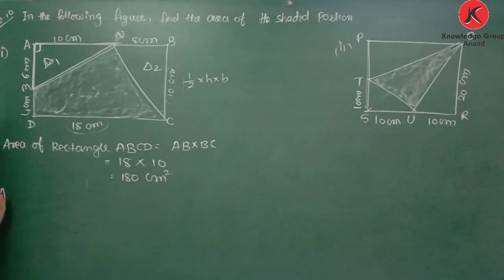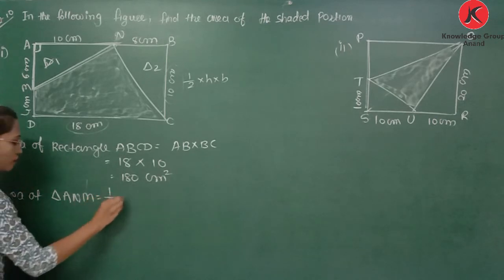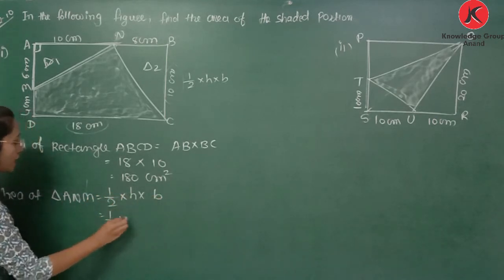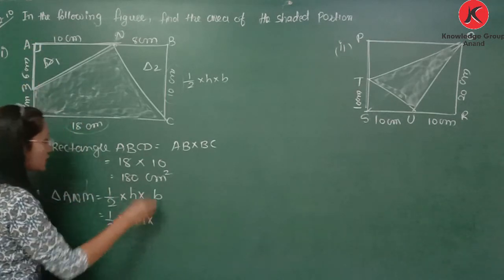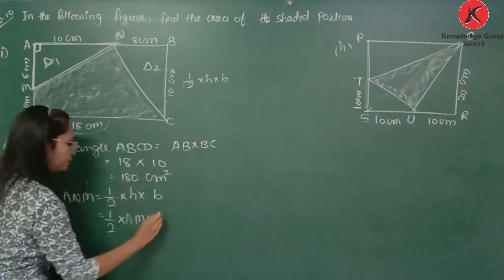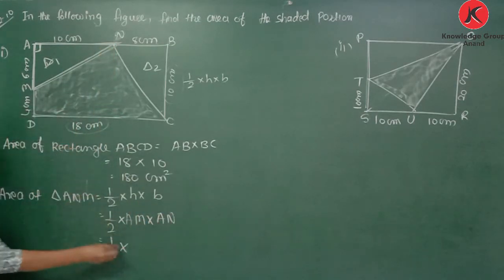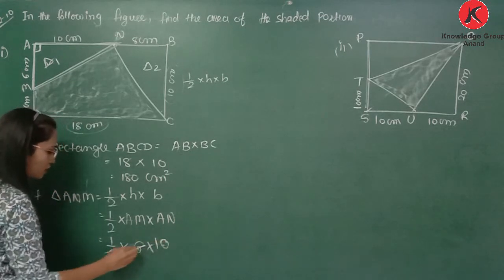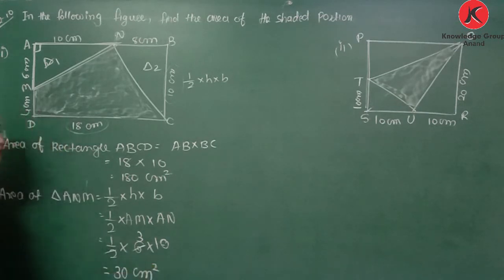So area of the triangle will be 1 by 2 height into base. So 1 by 2, 6 centimeter, 10 centimeter. So here we can find that it is 30 centimeter square.